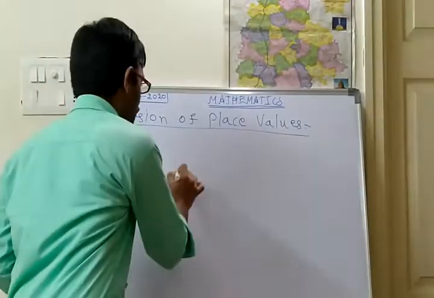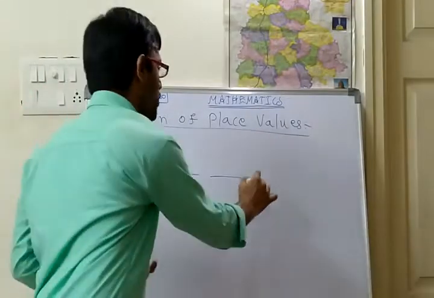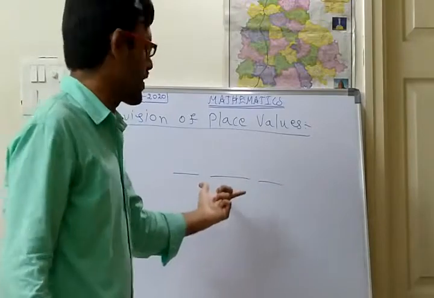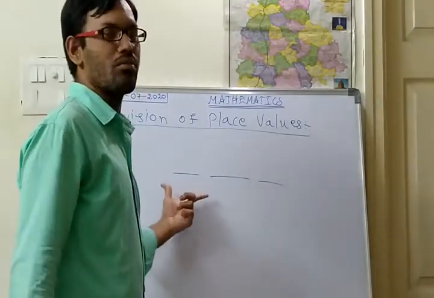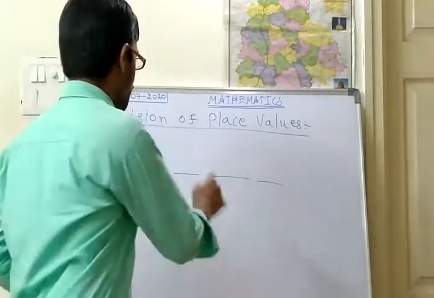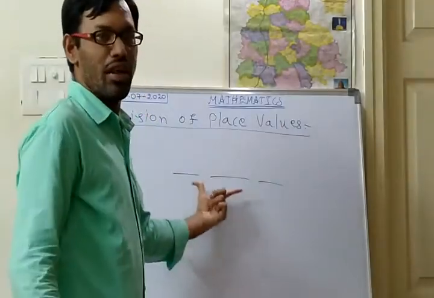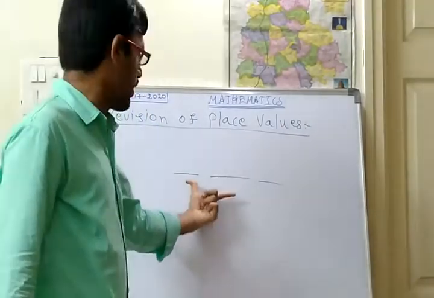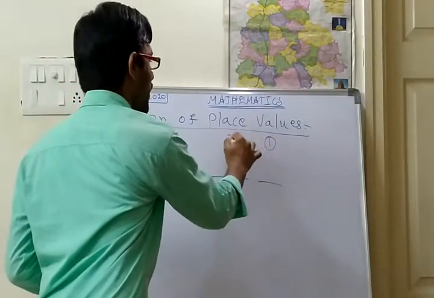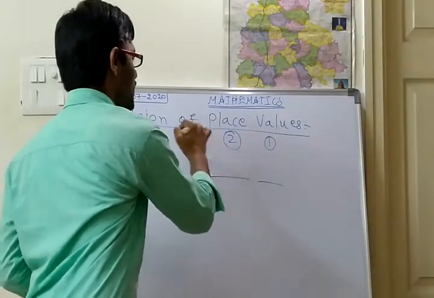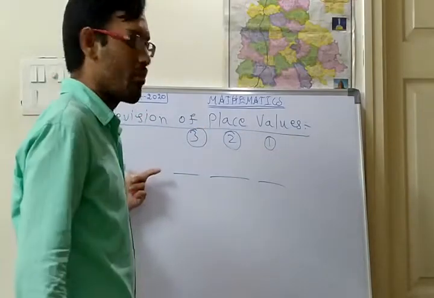Suppose any number is there, any 2 digit or 3 digit number. For that number there will be some number of digits. Suppose we take a 3 digit number, for this 3 digit number there will be 3 places. How many places? 3 places. For a 4 digit number, 4 places.